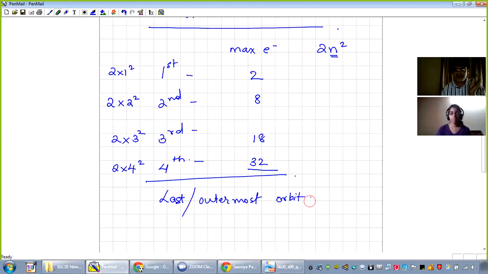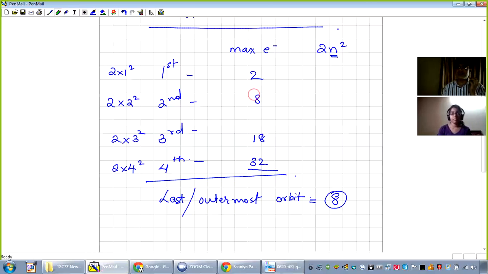Apart from this, the last or the outermost orbit can have maximum how many electrons? It's 8. Just 8. If it is a last orbit, it can't have 32 electrons or 18 electrons.